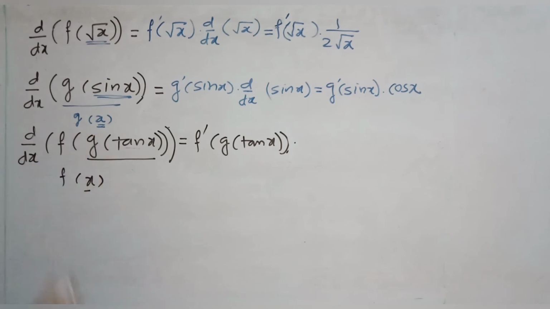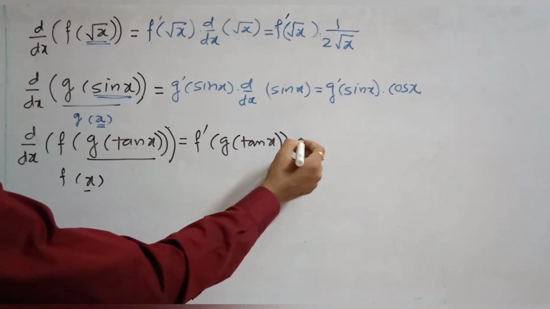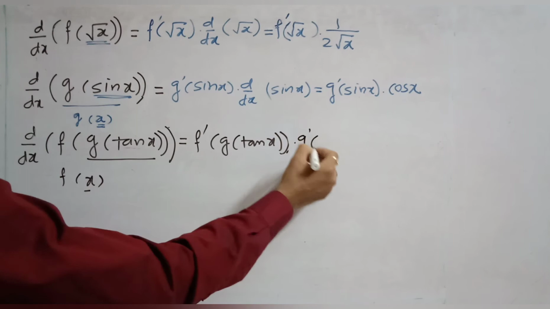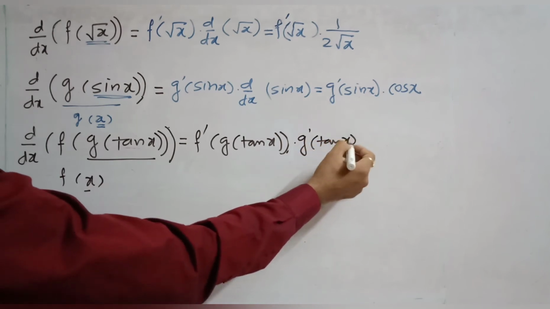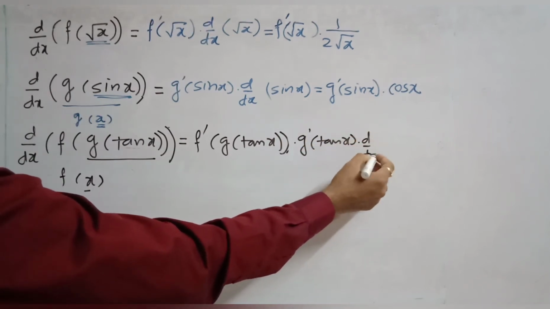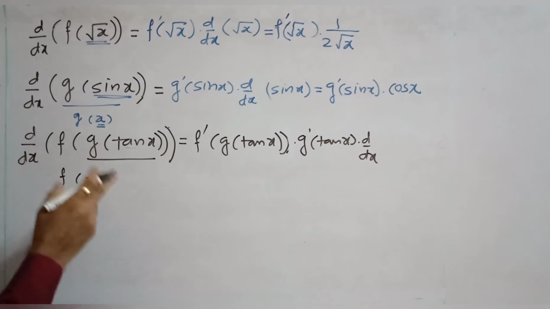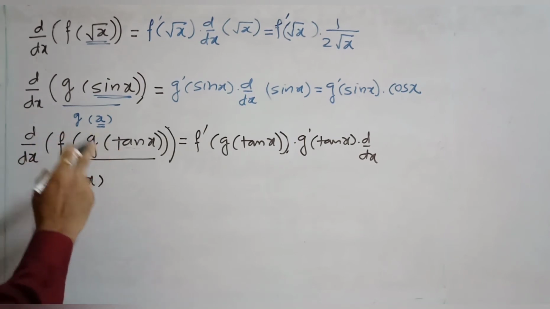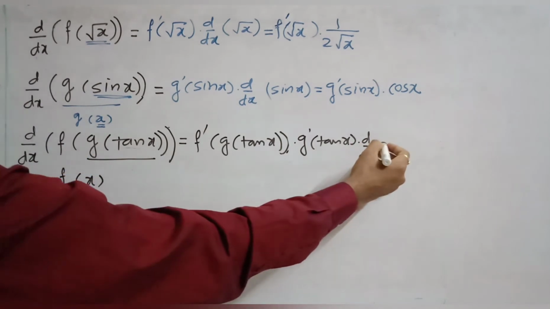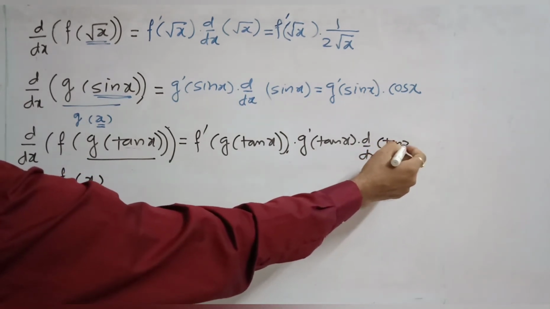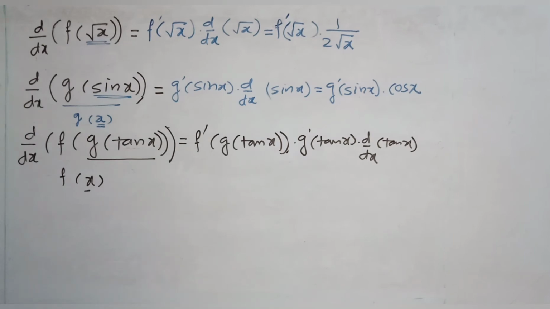D by dx of g of tan x is g dash tan x into d by dx of tan x. I am doing it a little bit directly, but you can understand this.